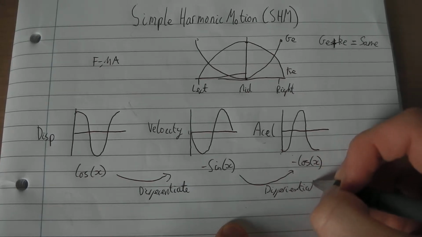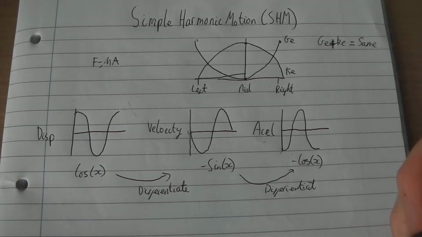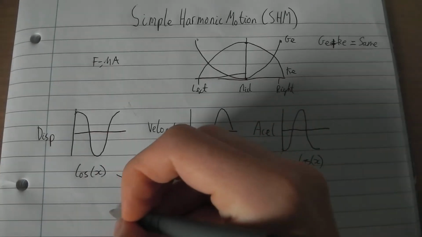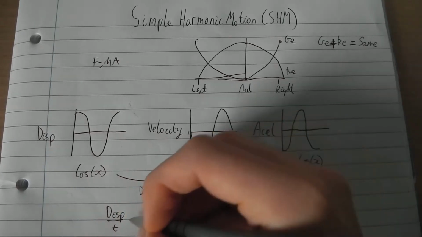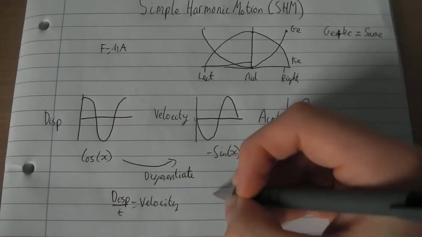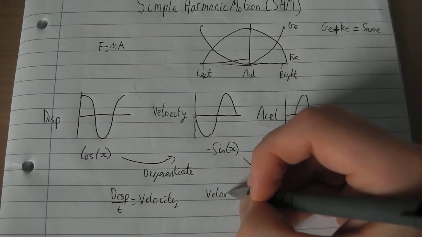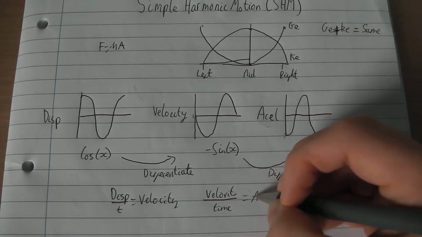And this is showing a really key aspect of differentiation as well as simple harmonic motion and most types of motion, is that displacement over time equals velocity, and then velocity over time equals acceleration.